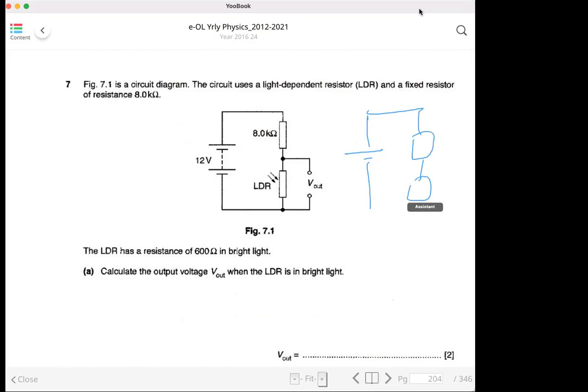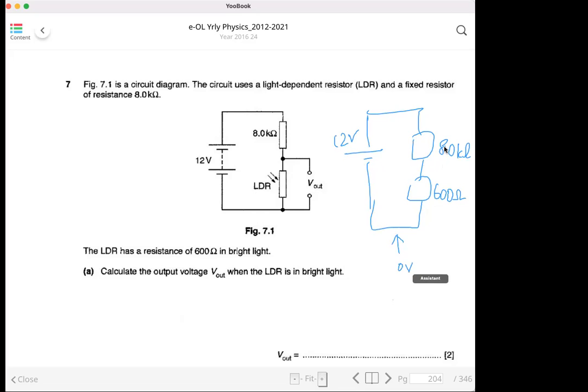So basically, on top is 8.0 kilo ohm. This is 600 ohm. How is this EMF of 12 volt shared between these two resistors? It will be shared proportionally in the ratio of 600 to 8,000. So the bottom here is 0 volt.